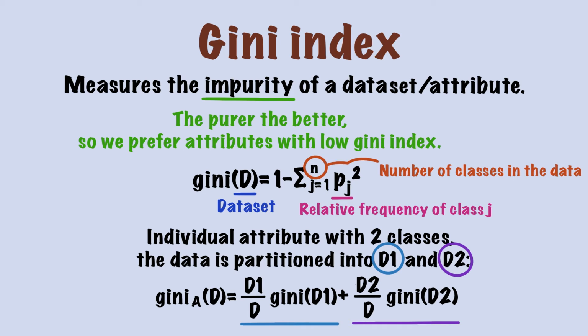D1 over D is the proportion of data belonging to class 1, and D2 over D is the proportion of data belonging to class 2. In fact, each class contributes to the Gini index of the whole attribute. So we have to do Gini impurity calculation for each class.